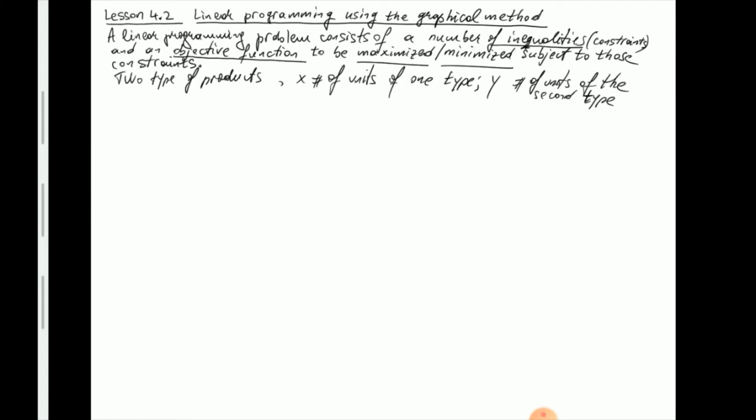So you have these two types of products, and let's say you want to maximize the revenue, and you can sell them for $1 each of type 1. Let's actually name them. So one type, let's say this is type A, this is type B. Okay, so $1 each for a unit of type A. And let's say we have $2 each of type B. Okay, so these are the selling prices.